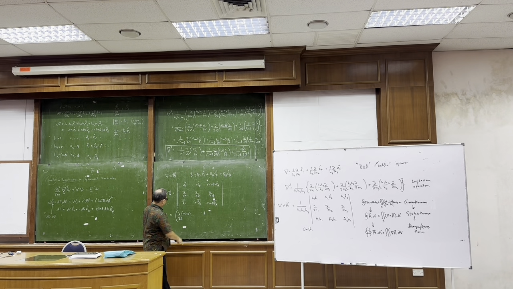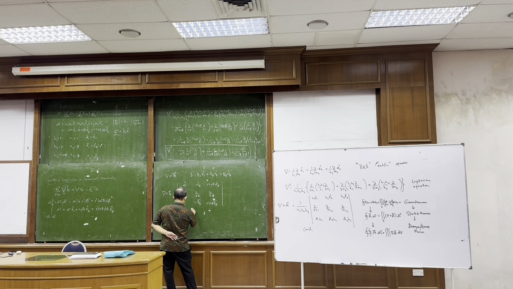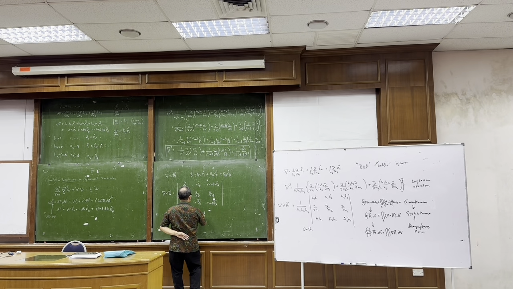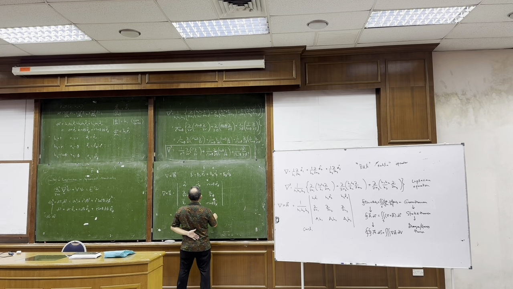Then this one, r sine theta B_phi, you operate upon this B_phi, and minus this one operating upon this: d phi of r B_theta. And then this is e_r.